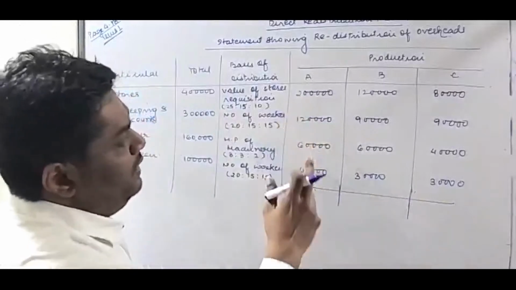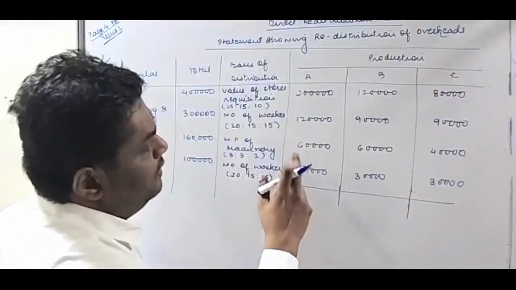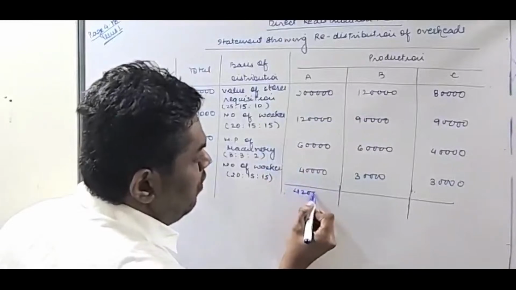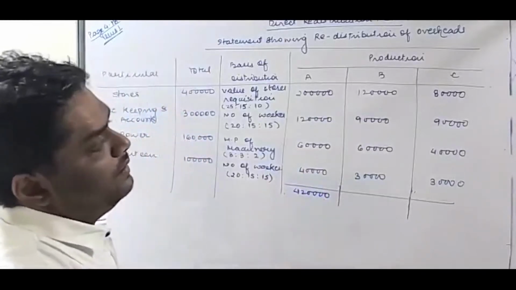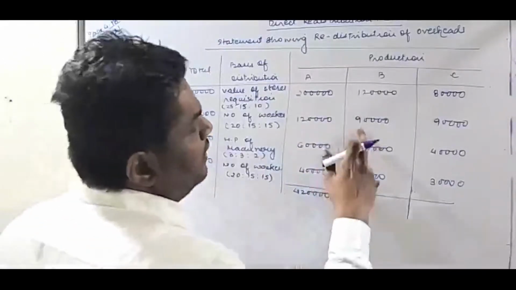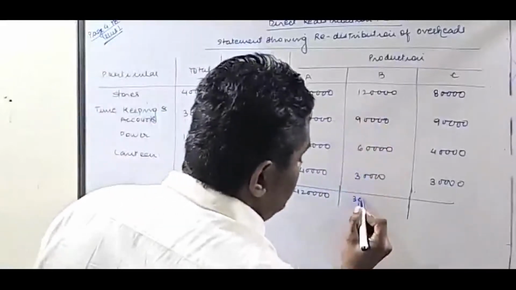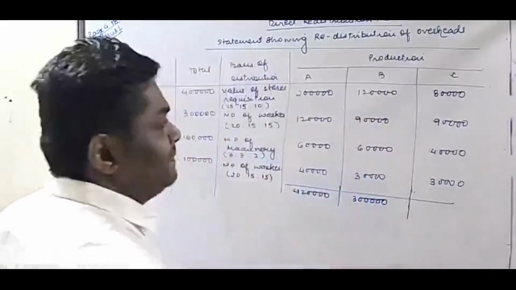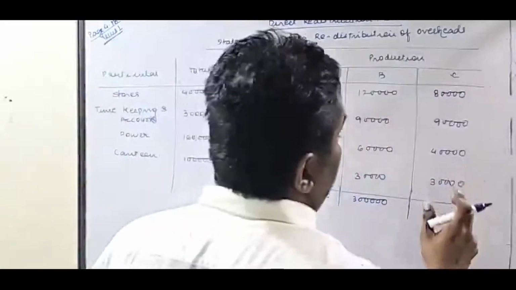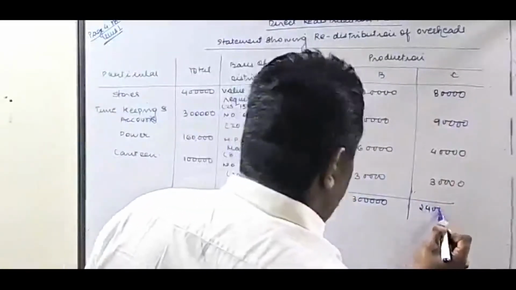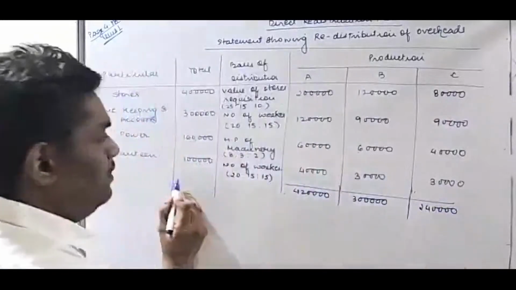So 320, 420, this will be 3 lakh, and this will be 2,40,000.